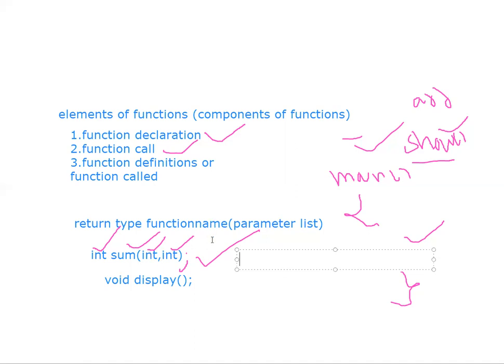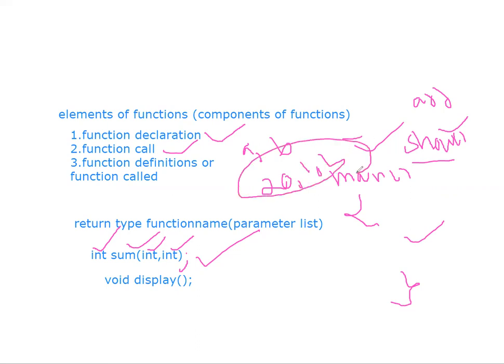The actual arguments can be variables, constant numbers, or expressions. Variables are like a, b, or constant values like 10, 20, 1, 2. We use these in the function parameter list. A function can be called by the name of the function, and such a statement is known as a function call.